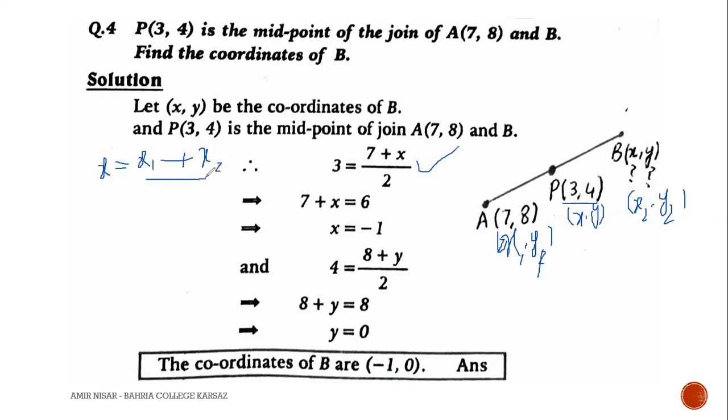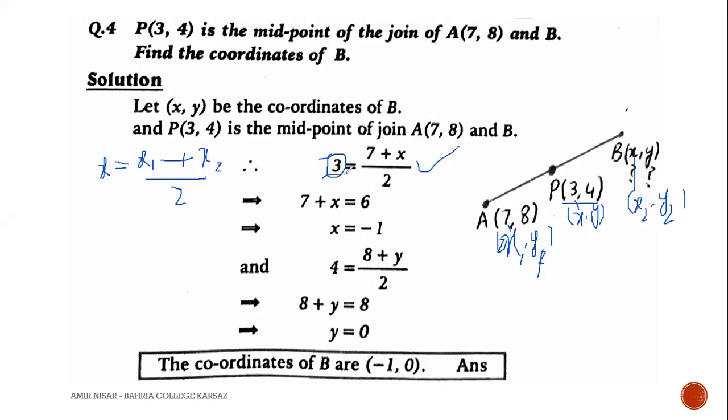Is that clear to all of you? Now simply substitute the values from the data. You can clearly see that here x is 3, so we write 3. Then in the formula we have x1; in the figure x1 is 7, so write 7 plus x2. In the data, x2 is x, so write x divided by 2.